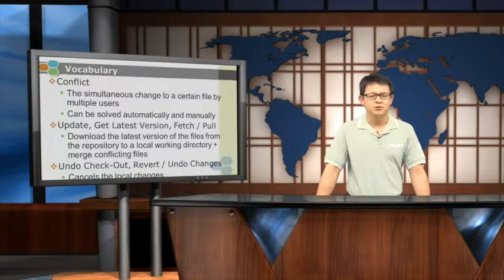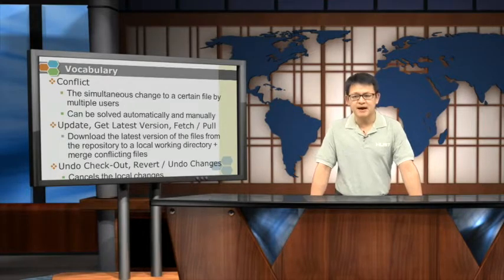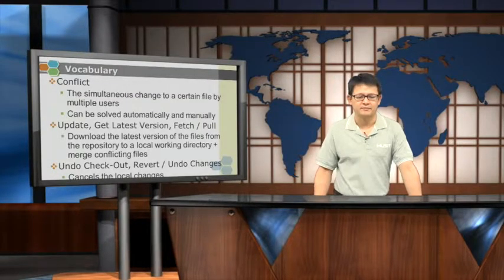It means that you want to download the latest version of the files from the repository to a local working directory. So every time you want to get the files up to date, you always have to fetch or pull from the remote repository into the local storage. And you can do the undo checkout, revert, or undo changes every time you have a mistake and you want to undo it.